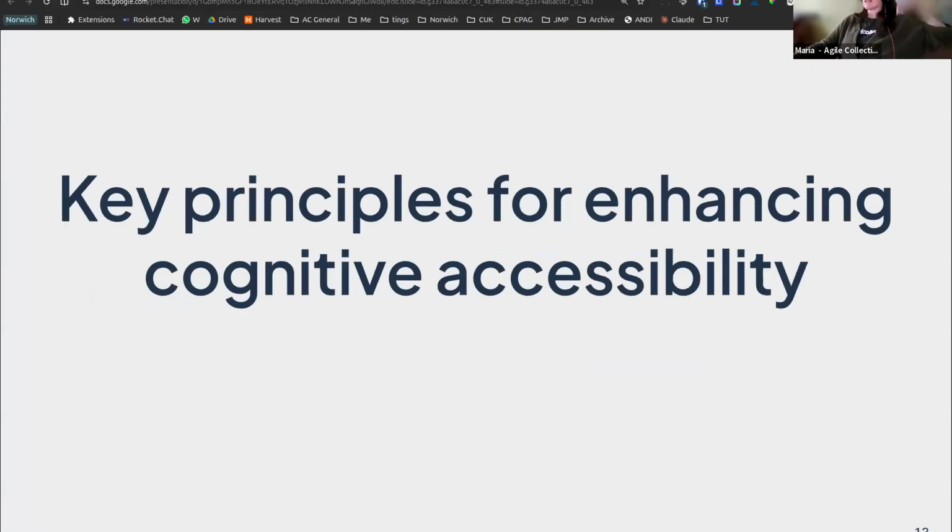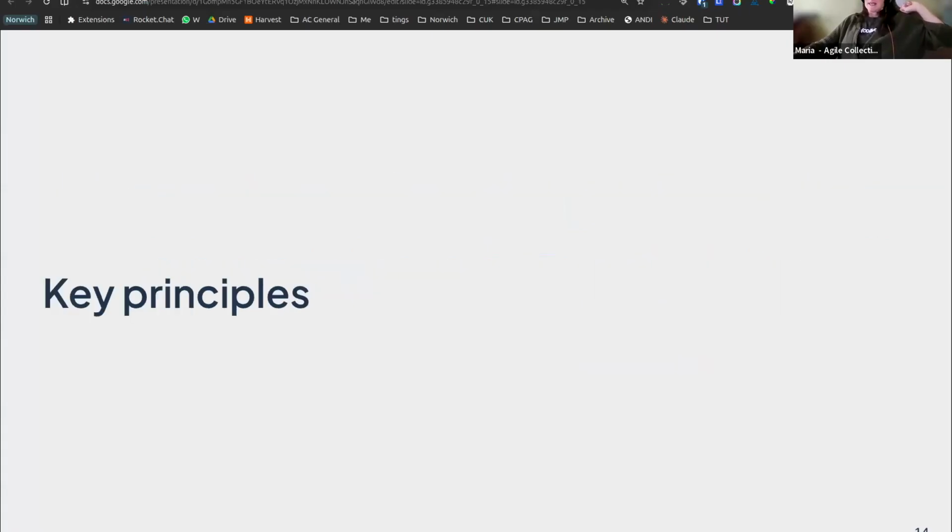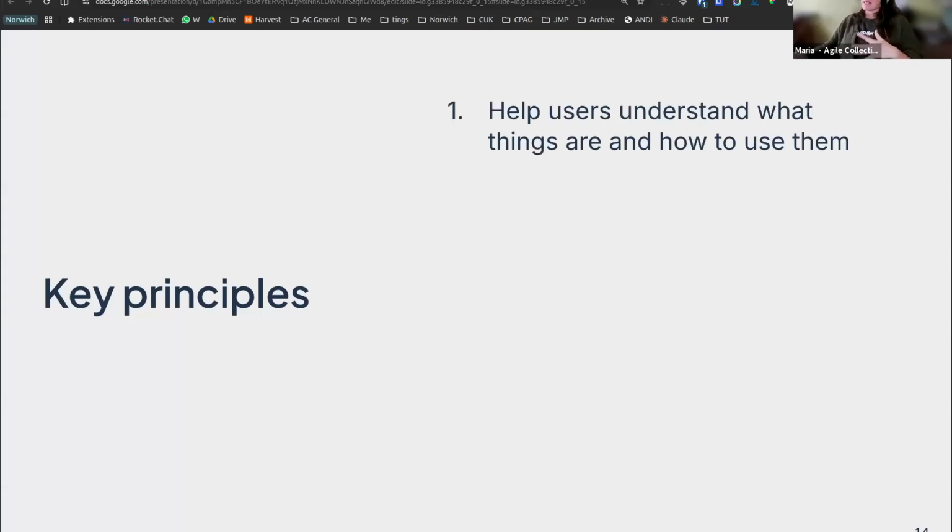Yeah, so some of the key principles for enhancing cognitive accessibility. These come from the Making Content Usable guidelines that the Cognitive Accessibility team have produced, and they've expanded each of these guidelines in the docs that we're sharing.